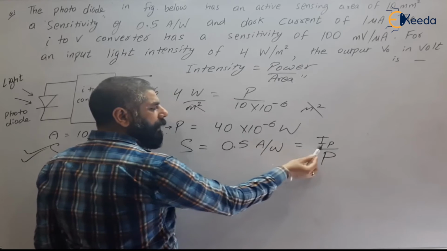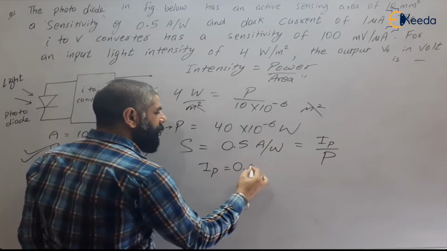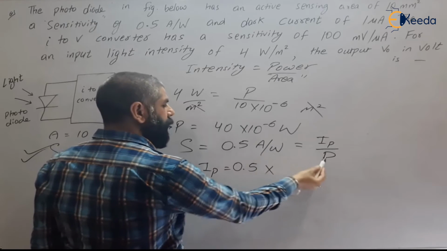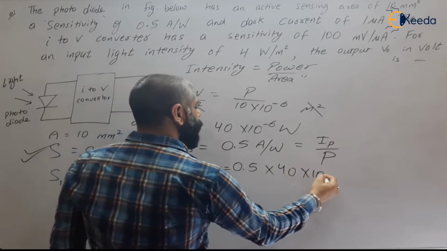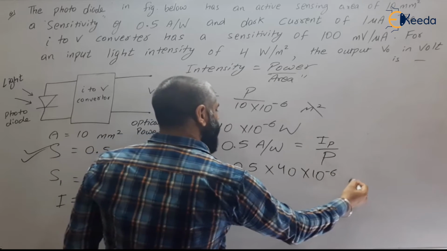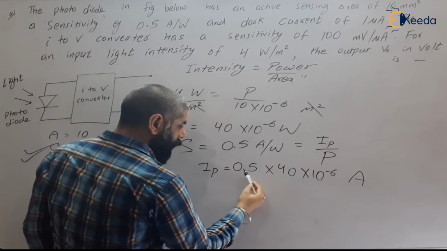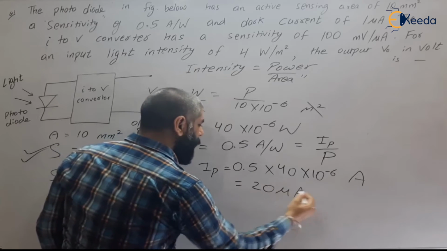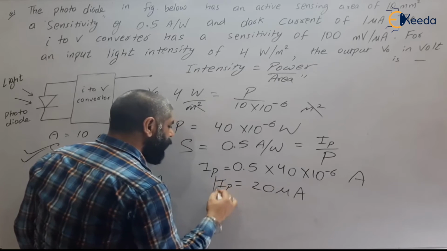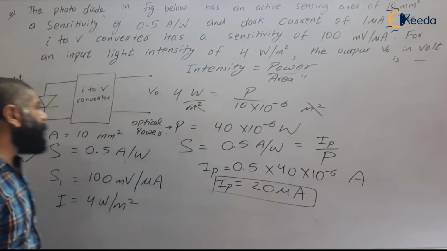We know the optical power, so we can find the photocurrent. The photocurrent will be 0.5 into the power in watt, so that is 0.5 into 40 into 10 raised to minus 6 ampere. The unit will be ampere, watt gets cancelled, so 20 microampere. So the current generated due to incident photons is 20 microampere.